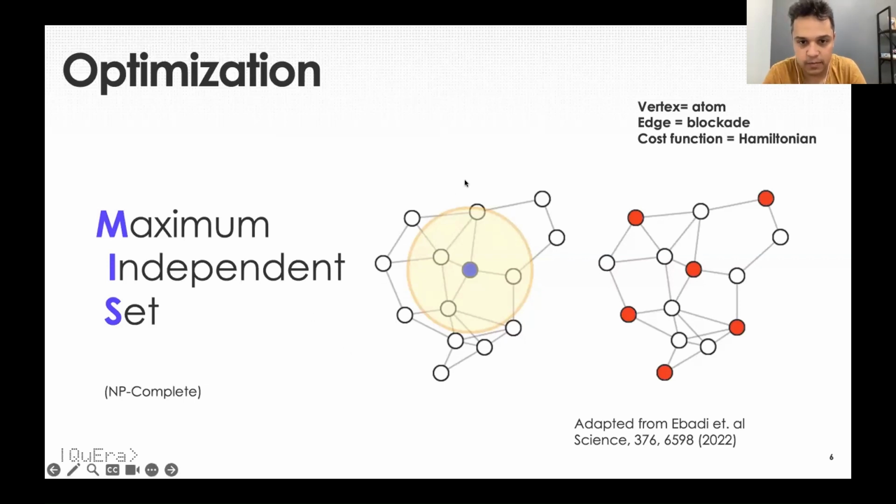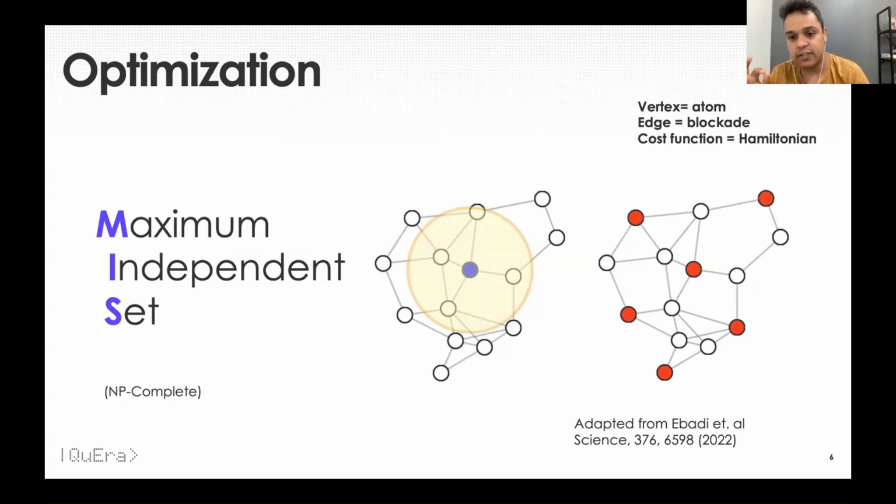So, for example, if I painted this guy in red alone, it's an independent set already. No one around it is painted red. I could paint this guy in red and this other guy here in red as well. And there is no edge connecting these two. It's also an independent set. The maximum independent set is to find the largest.